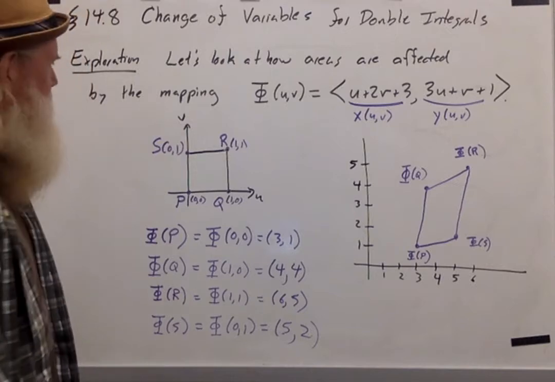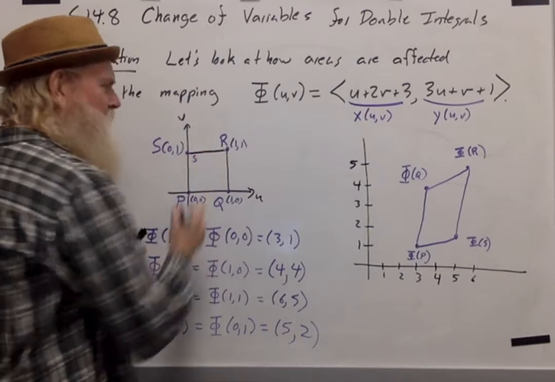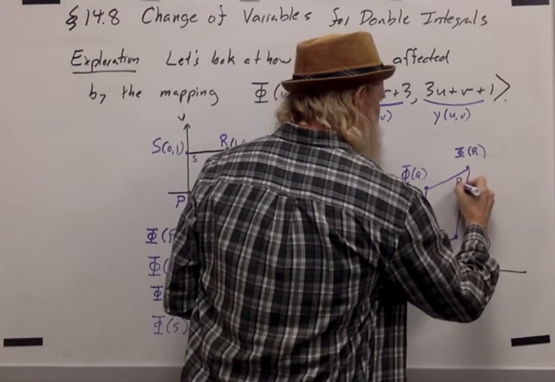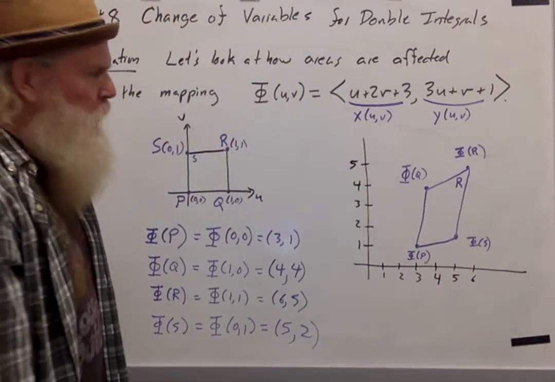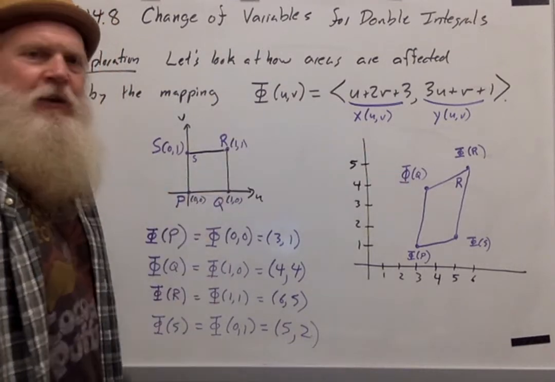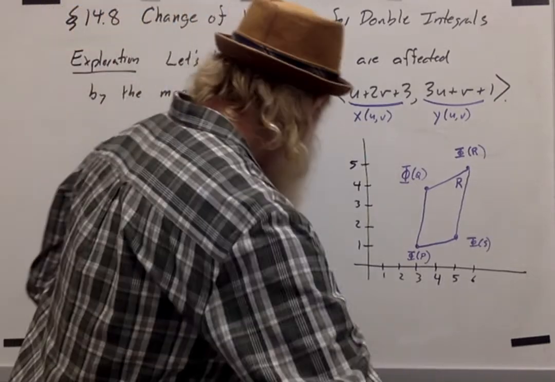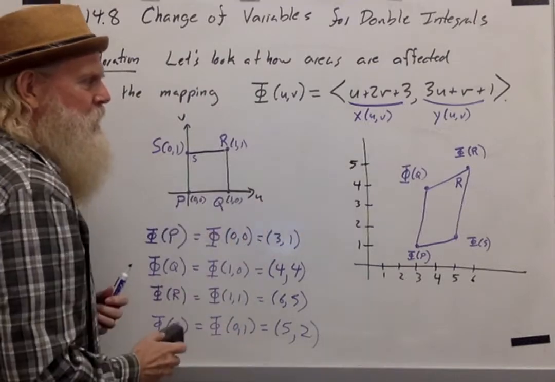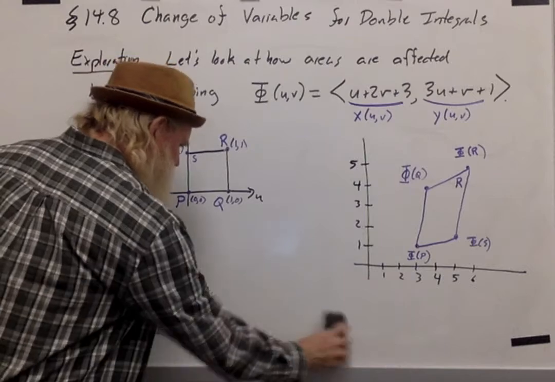So what you can see is that phi maps this unit square, which would correspond to our S over here, to a parallelogram, which I could call R. So what I'd like to figure out is how does the area of the parallelogram compare to the area of the unit square? Well, of course, the area of the unit square is 1. So let's spend a little bit of time figuring out the area of that parallelogram.